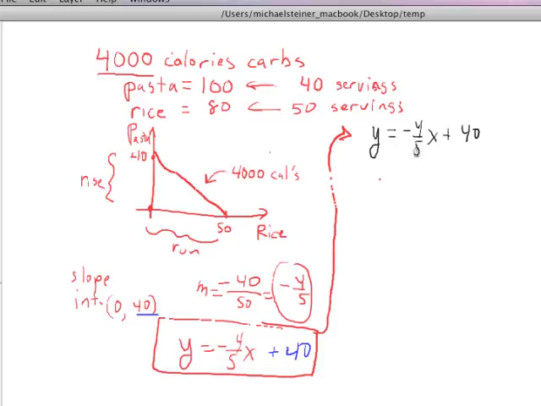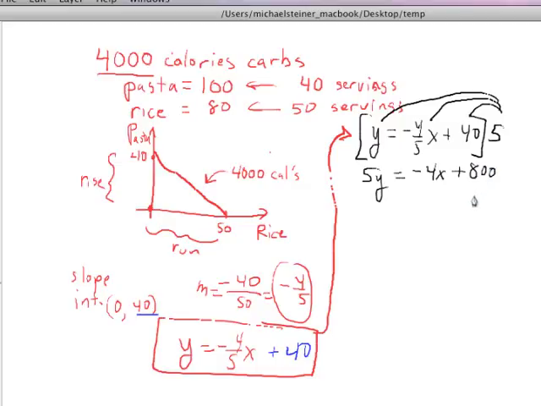Well, as soon as I see this fifth in here, this 4/5, I think, what if we multiply everything by 5? And I encourage you to write it out like this with these numbers. 5 times y is 5y. 5 times -4/5 x is -4x. 5 times 40 is 800. See how I got rid of the fraction really fast like that?